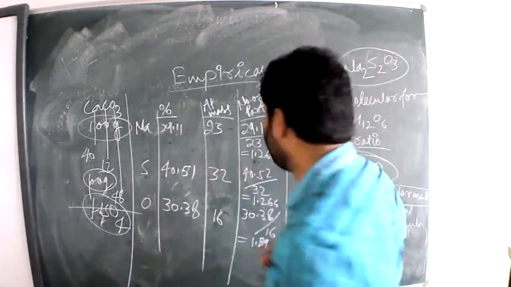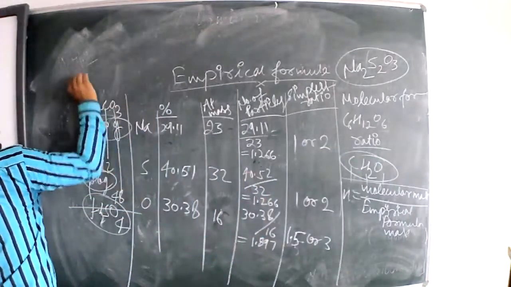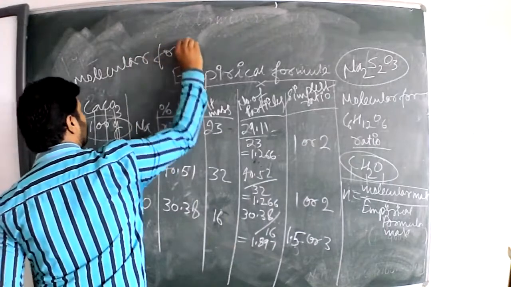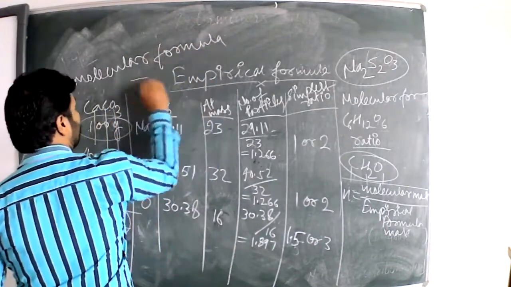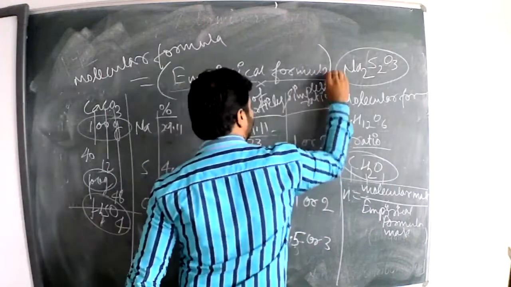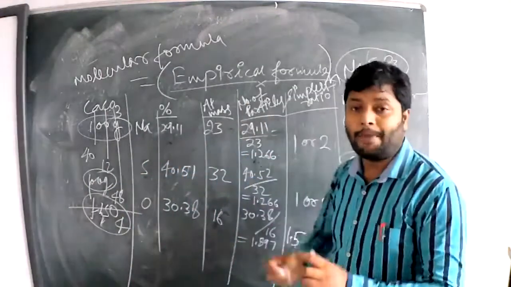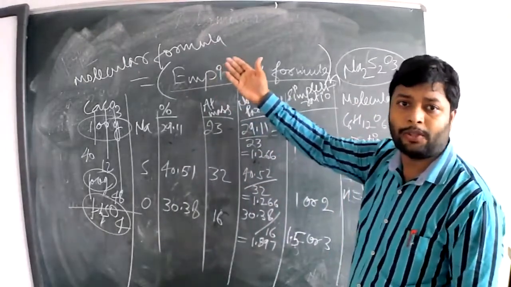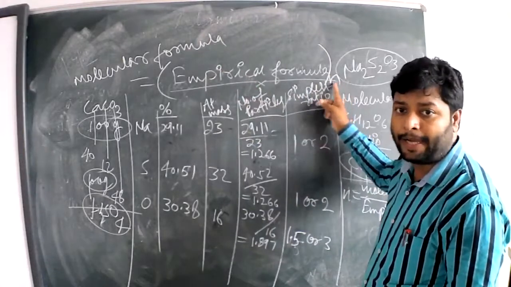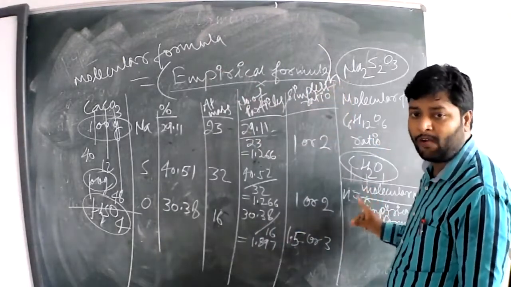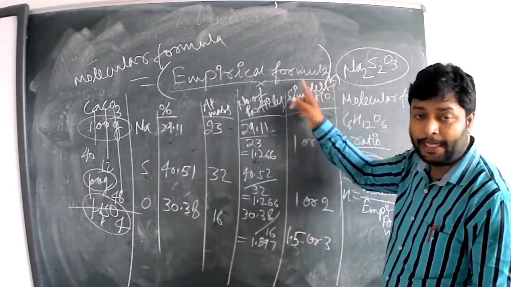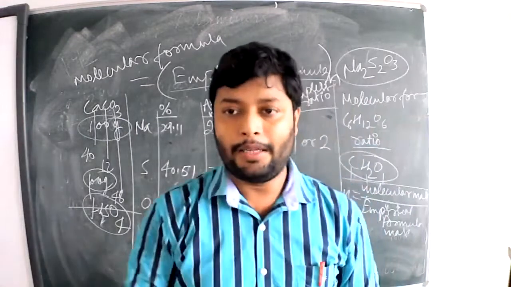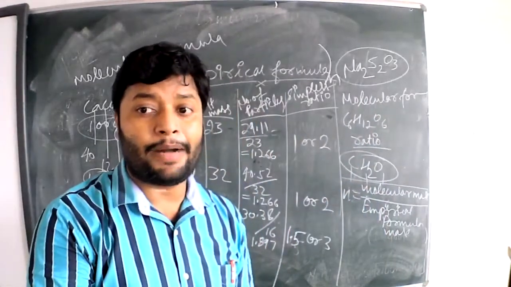And I'm telling you, the molecular formula is equal to the empirical formula multiplied by n. So when we get the value of n, we multiply it by the empirical formula and convert into the molecular formula. But the question must contain molecular mass.